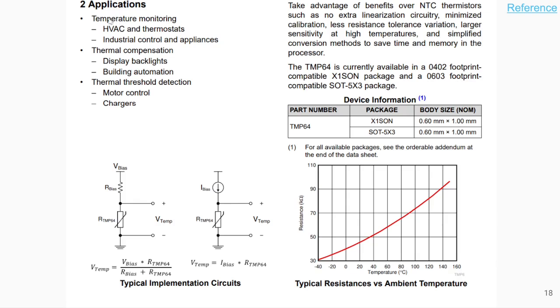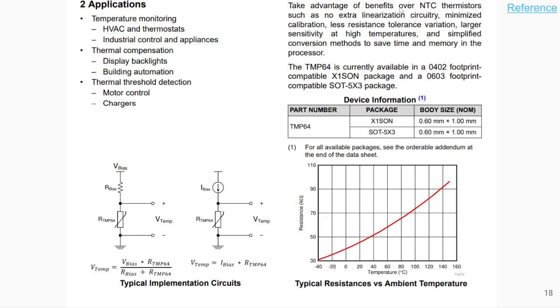Further discussing applications, for temperature monitoring there are HVAC and thermostats, industrial controls and appliances. Pretty common. Thermal compensation for display backlights, building automation, motor control, and chargers. There are some of the basic typical application circuits which we discussed in the last slide, and as you can see here as well, just like voltage dividers.